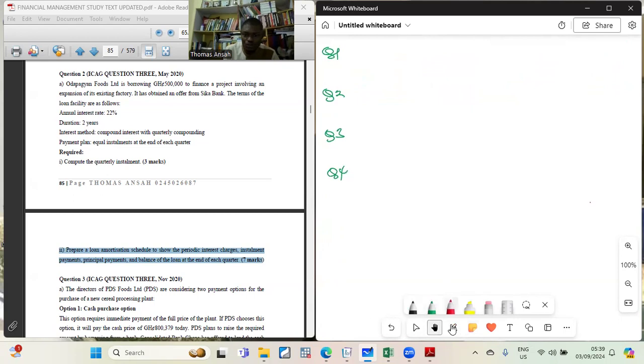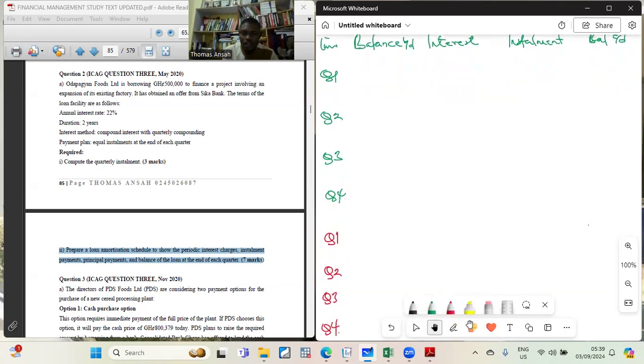Then I go and do the second year. That one too, we have Q1, Q2, Q3, and Q4. So that is how the table looks. Quickly, I know that every quarter I'm paying 78,932.01. That is what I'm paying every quarter.